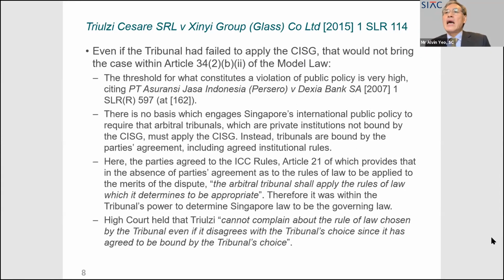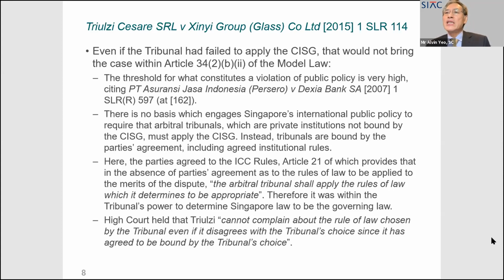What the High Court went on to say was that even if the tribunal had not applied the CISG, it still doesn't come within Article 34(2)(b)(2), because essentially public policy, what constitutes a violation of public policy as a ground for setting aside, is limited to very, very narrow grounds, which essentially require something to shock the conscience, or which outrages public notions of justice and fundamental fairness.